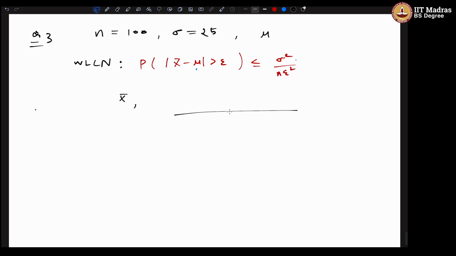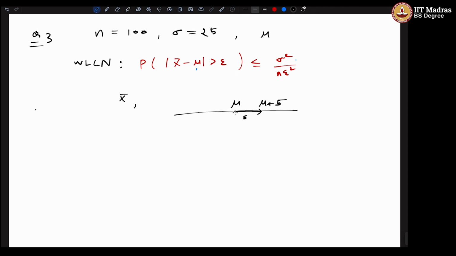Let's try to figure out what the question is asking. This is the number line, and here I have my actual mean mu. What is the interval which is 5 units away from the actual mean? I can go in this direction, 5 units away, and that will become mu plus 5, right?